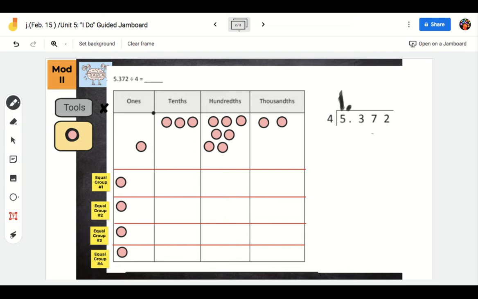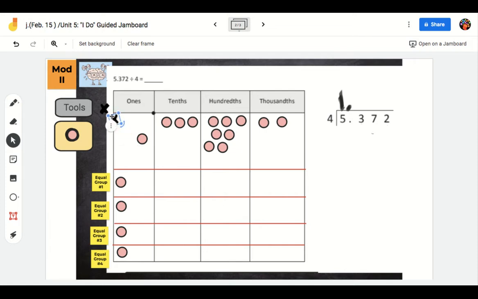Now I need to move to the tenths place because I've got to do something with this remainder. What do you do? You break it up into 10 smaller pieces. Nice. All right, I'm going to label it just so I know that I'm breaking it up.